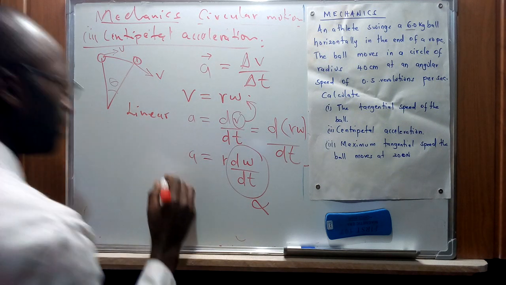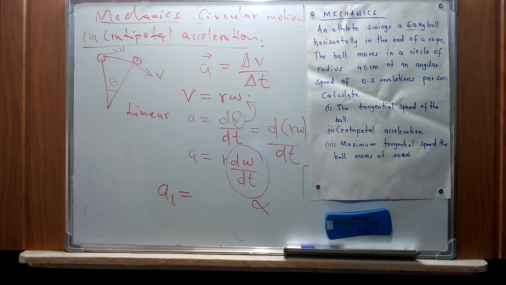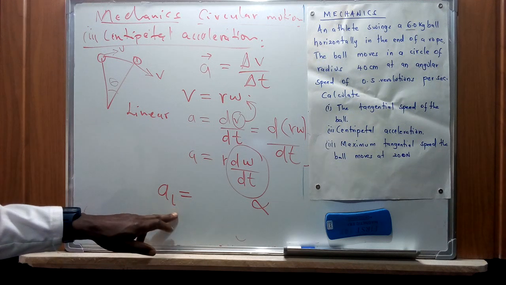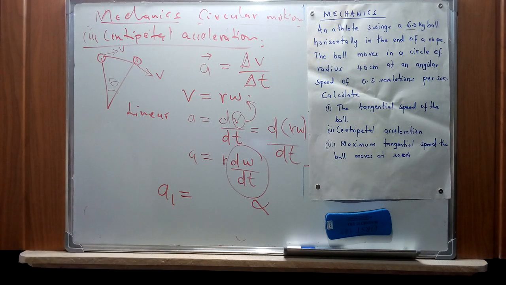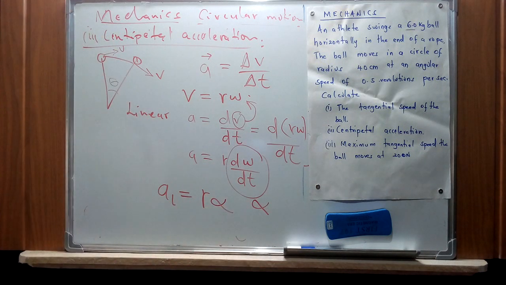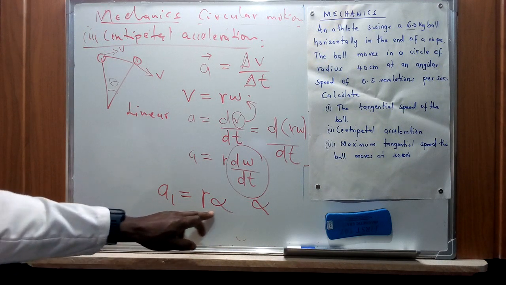So for linear acceleration, which is denoted as a_L, we will denote centripetal acceleration using c. Whenever I write L, this represents linear acceleration. So in that case, we shall have our linear acceleration given as a_L equals r alpha.